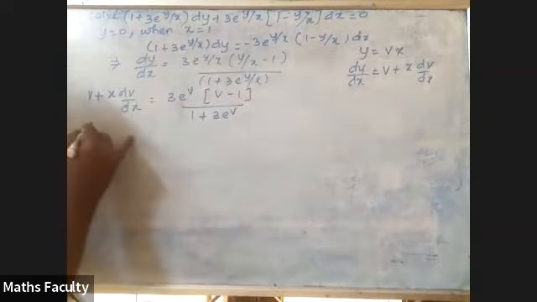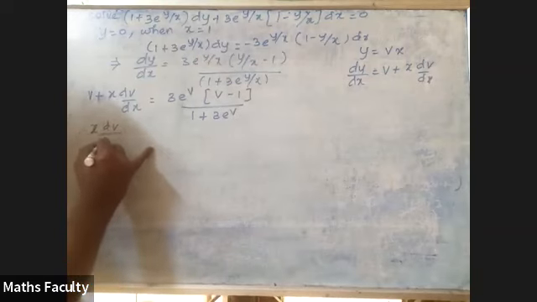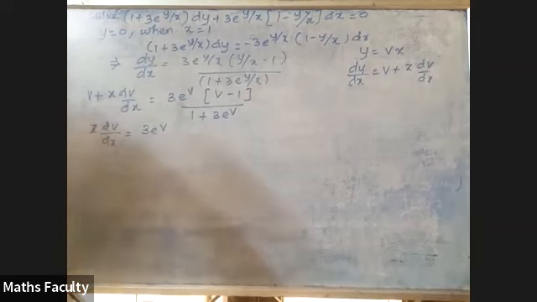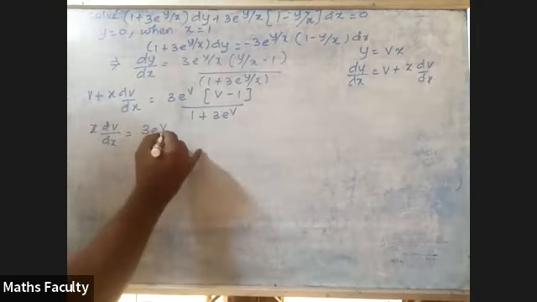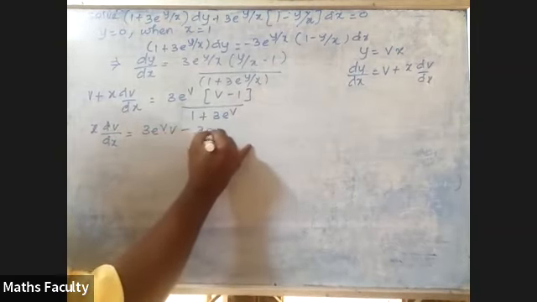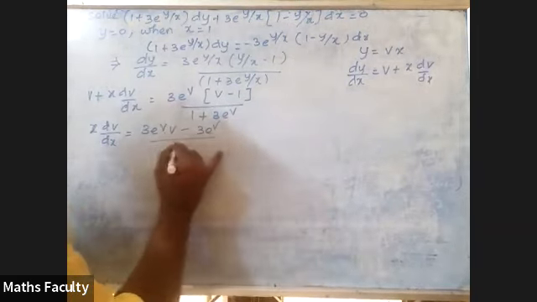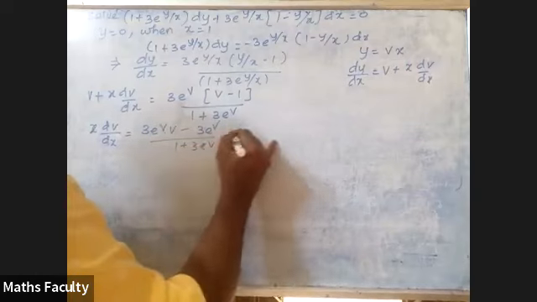Bring this v to that side. So x dv by dx equals v minus 3 e power v, minus v, divided by 1 plus 3 e power v.